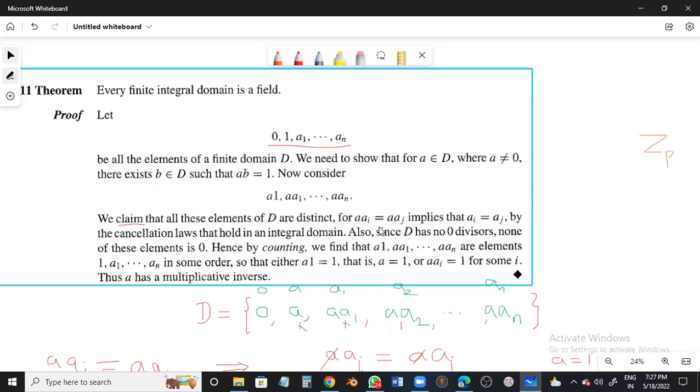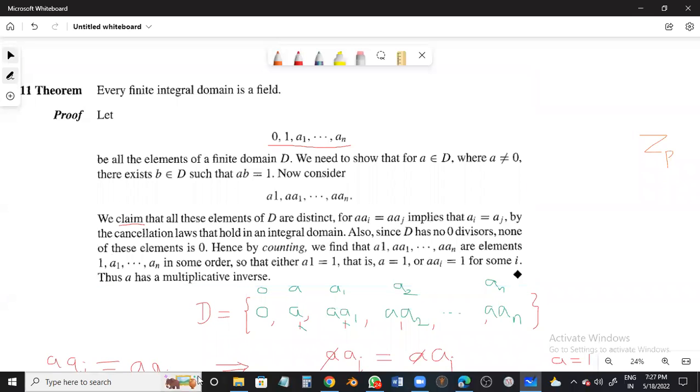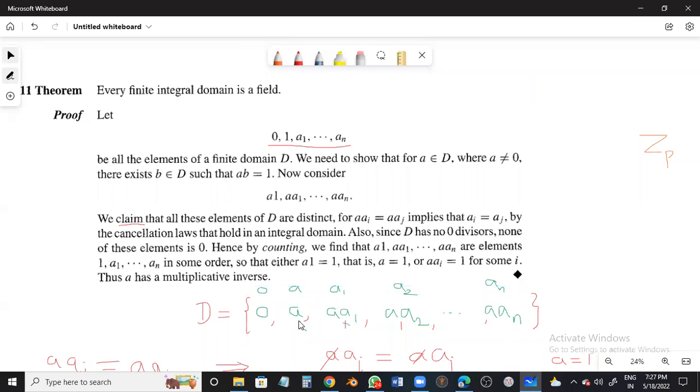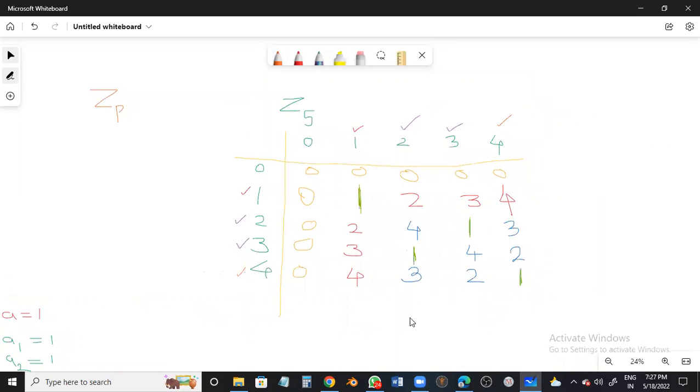So what we did, we supposed two elements are same. So can you say 0 is equal to a? Because you started with a non-zero, you cannot say so. So very naturally you started from a into 1, a into a1, a into a2 and so on. Here it was quite visible that the entries are different.